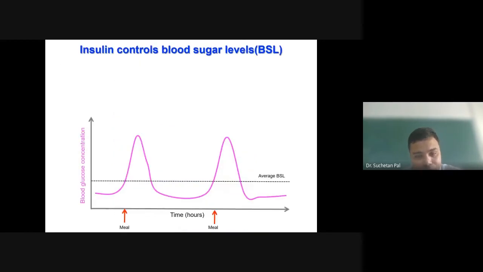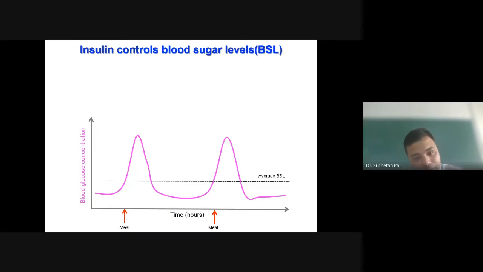So let me show you what we are doing and why we want to do that. What is happening in diabetes? In a normal person, after a meal you have digestion of the food, and you increase your blood glucose level.